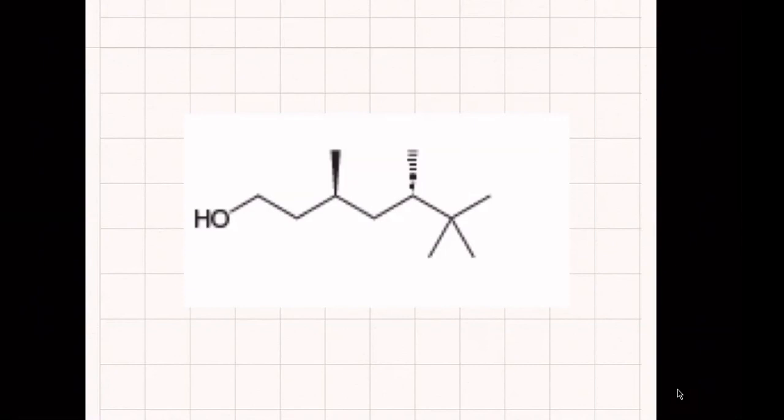I thought you said if they give us the dash and the wedge, those start our chiral centers. Yeah, but practice makes perfect. So what's not chiral? Can that carbon be chiral with 3 CH3s attached? No. What about that one?